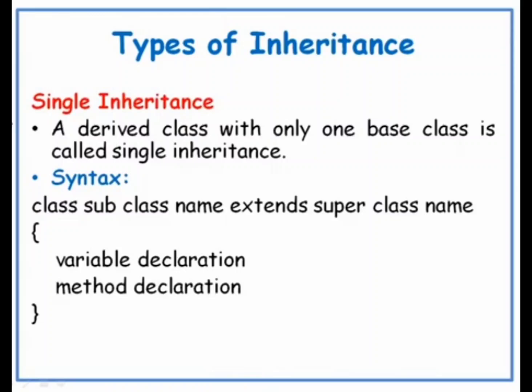And the syntax for single inheritance: we already know that the extends keyword is used in this inheritance. Class subclass name extends superclass name, then declare the variables and method declarations. It is the syntax for single inheritance.